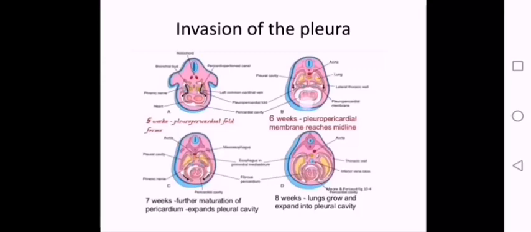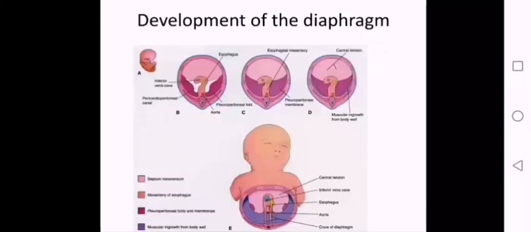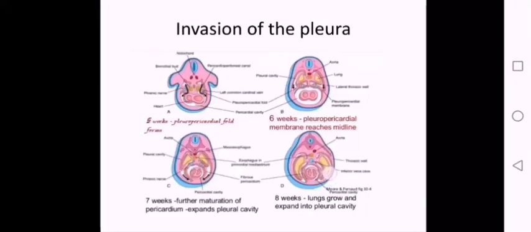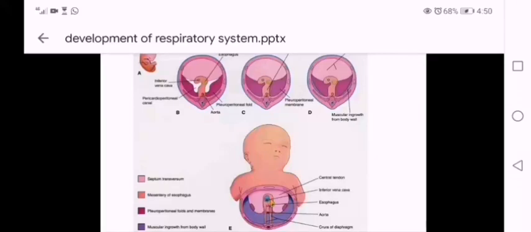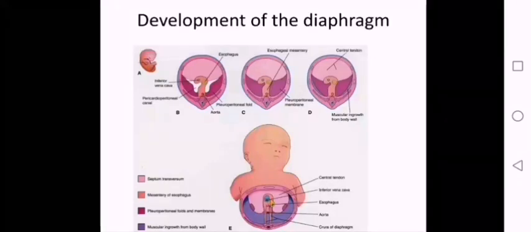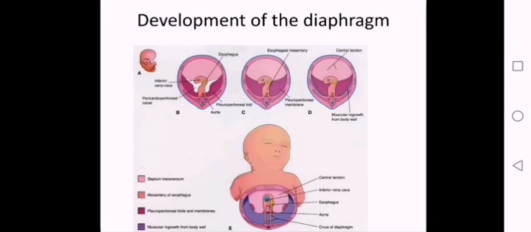So because of the expansion of the lungs, the pleural cavities become ventral to the heart within the pericardium. This is due to the expansion of the lungs and the pleural cavities caudally into the mesenchyme of the body wall. Now we move to the last part of this lesson, which is the development of the diaphragm.